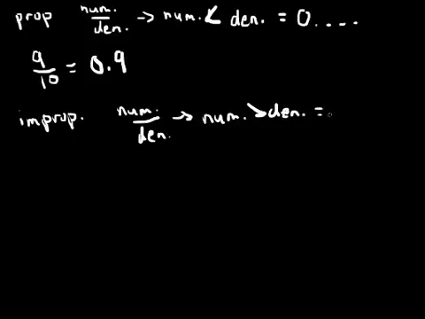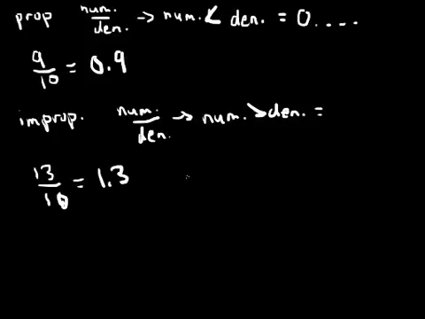It could be all sorts of things. Let's get into a specific one. So 13 over 10. If you punch it into your calculator, you will get 1.3. You didn't have to use this example.